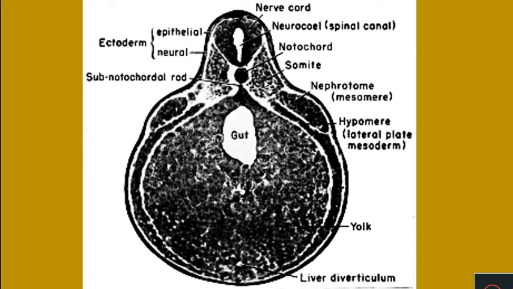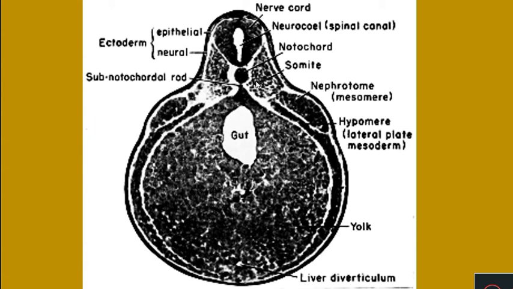This dorsal mesodermal tissue is also called somite or epimere. The intermediate mesodermal tissue is called mesomere or nephrotome, and the ventrolateral mesodermal tissue is called the hypomere or the ventrolateral plate mesoderm.